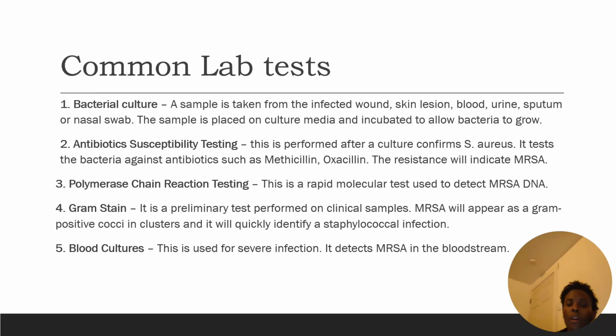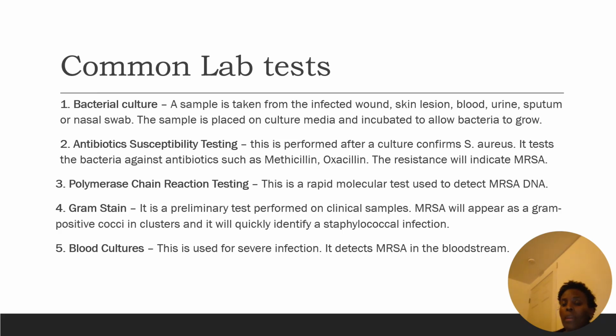Number 3, we have polymerase chain reaction testing, where a rapid molecular test is used to detect MRSA DNA. Number 4, we have the gram stain, a preliminary test performed on clinical samples.